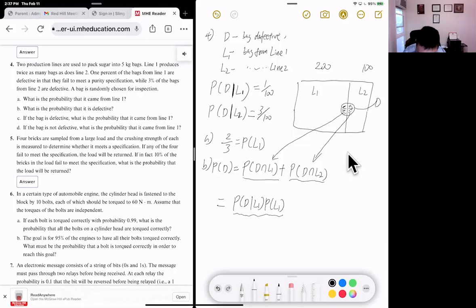That is the probability it is defective given it is coming from line 1, times P(L1). Again, this part is equal to this part. That is the definition of conditional probability.